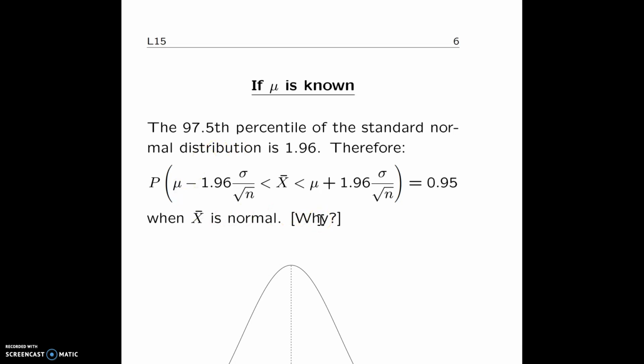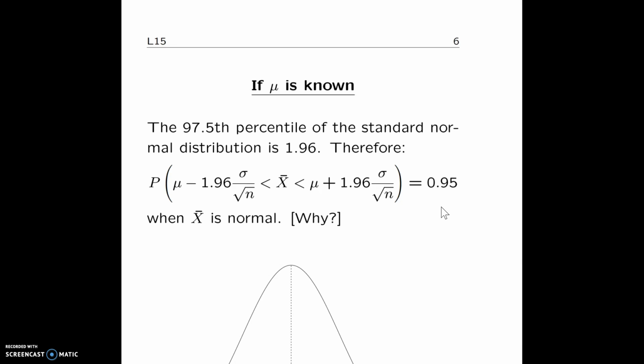The sample mean is the random variable, and the probability that I draw a sample mean from this distribution between these two extremes, mu minus 1.96 times the standard error and mu plus 1.96 times the standard error, that's a 95% probability. And essentially that's a prediction interval for the sample mean.